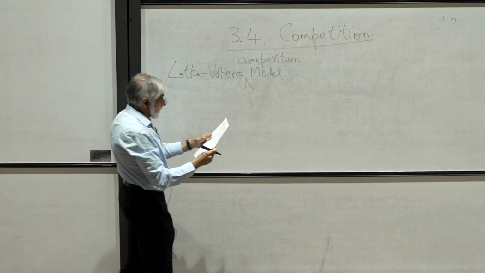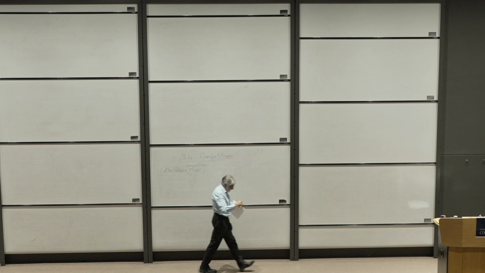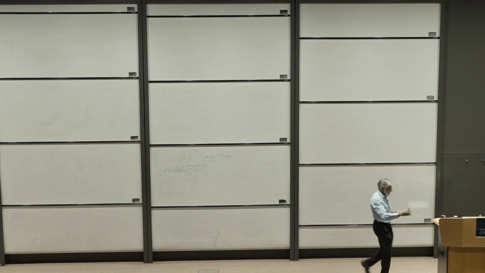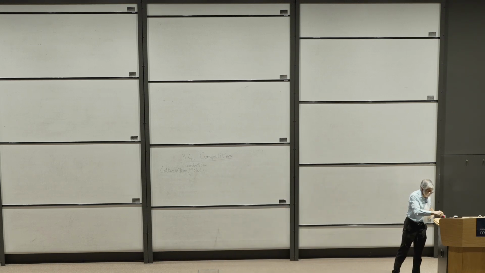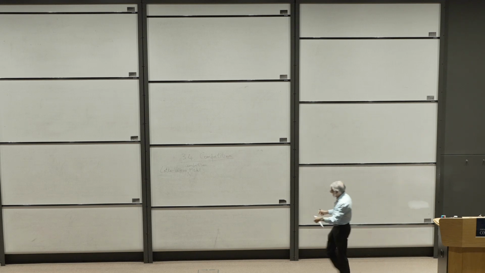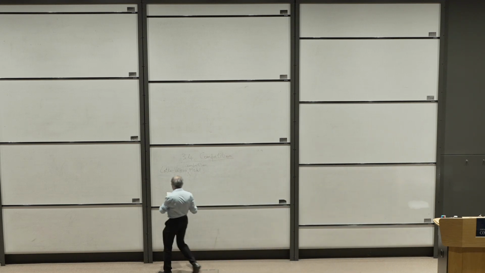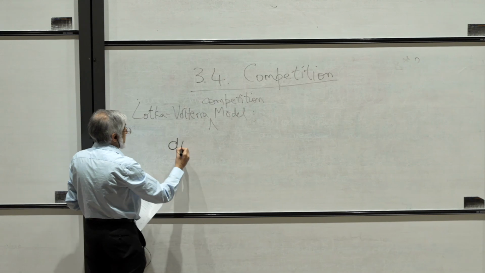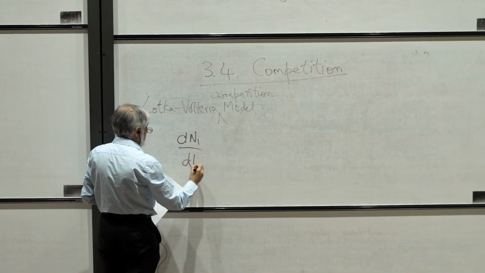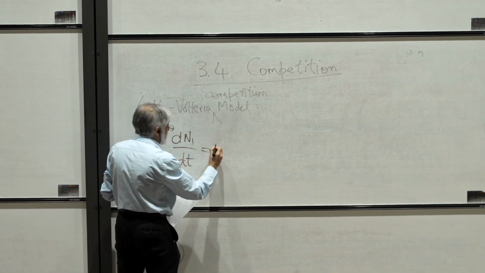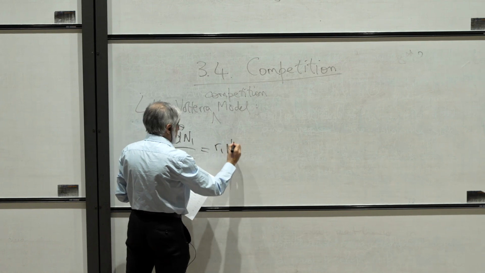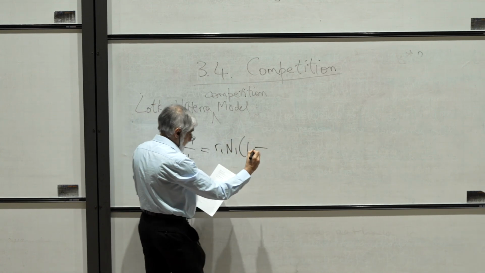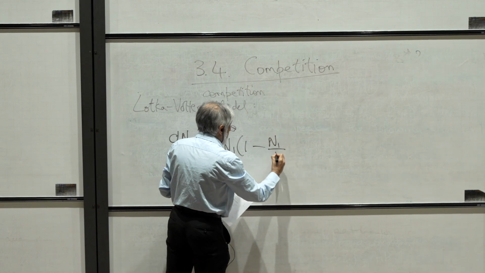So we're going to have N1 and N2 as the species. So dN1/dt in this model is r1 N1 times (1 minus N1 over K1).